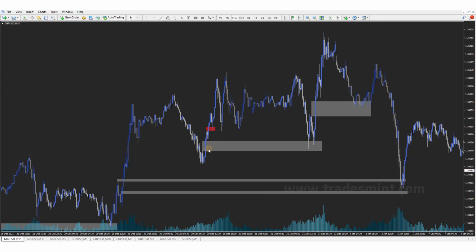Next example. Here we also have a created demand zone, and the candle was breaking the previous lower high with a very big move. Also the volume was increasing. This is also important while looking for the imbalances. There needs to be high volume, which means big pressure to break the previous high or previous low.